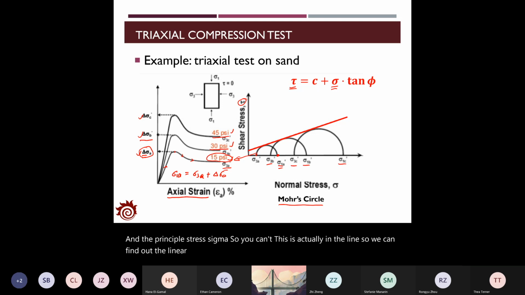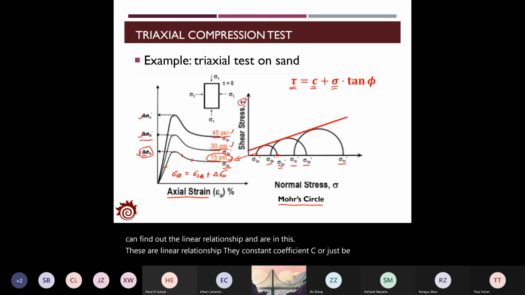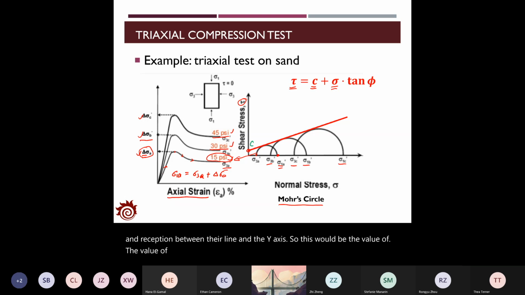And in this linear relationship, the constant coefficient C will just be the intersection between the line and the y-axis. So this would be the value of C, and C is defined as the cohesion.